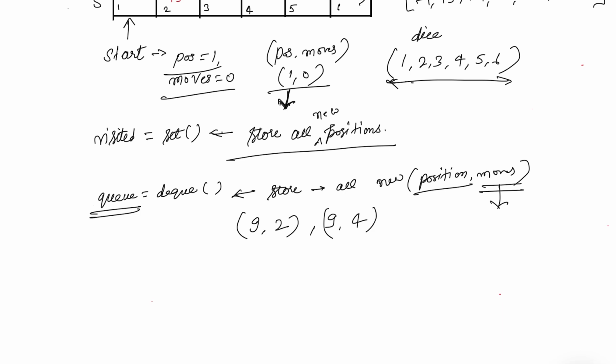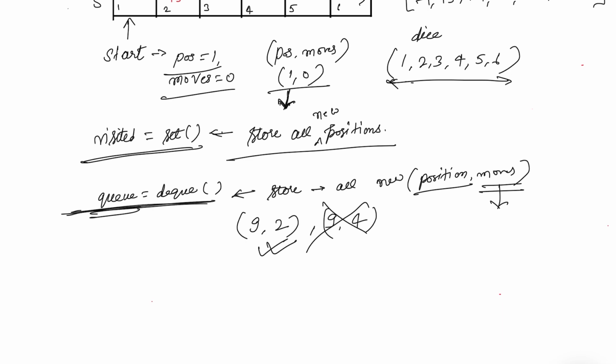Of course you will store the first one, no need to store the other. Why? Because our target is to reach in the minimum number of moves. So we have to store the position whichever takes the minimum number of moves, and we will also store the same position inside the set. So this is the criteria for storing inside this visited set and inside this q, dq.